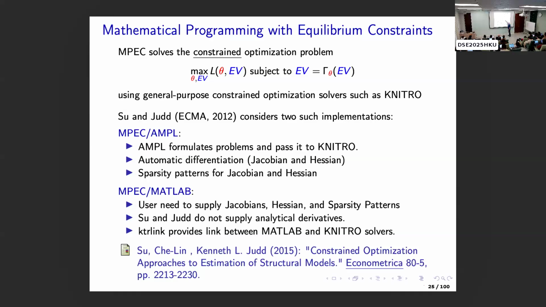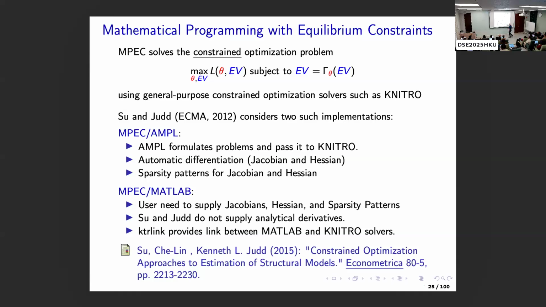And the benefit of that is you get automatic differentiation. So you get Jacobians and Hessians for the likelihood function, first and second order derivatives, and Jacobians of the constraints. All that differentiation you get essentially for free by automatic differentiation. Nowadays, you probably use something like Python JAX, where you also have automatic differentiation.